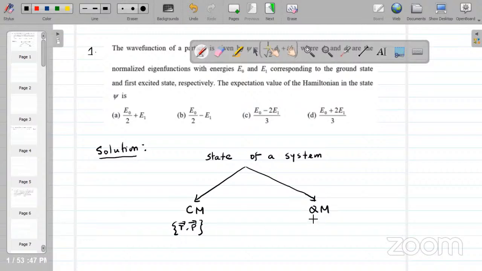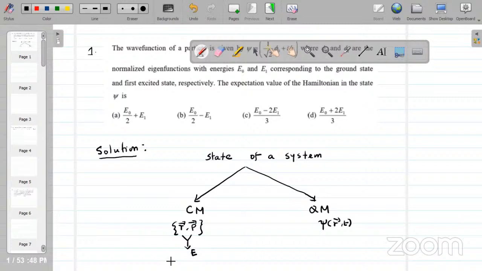In quantum physics, the state is represented by psi of r, t. For a given r and p in classical physics, there exists some energy.